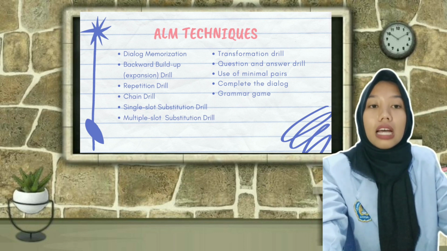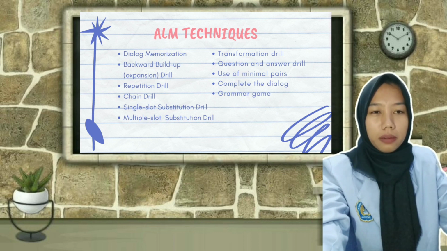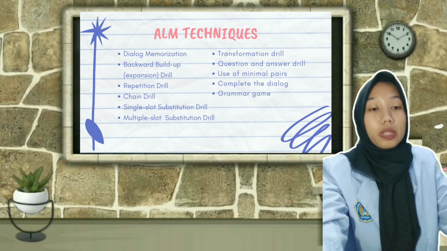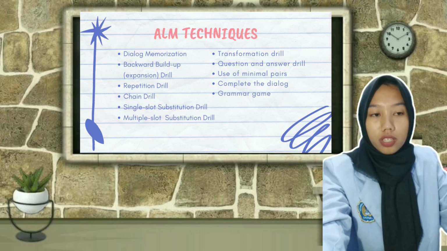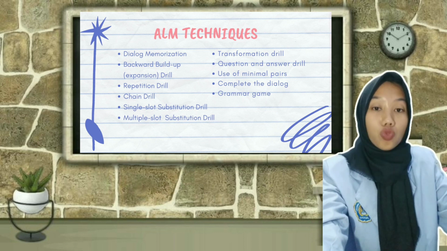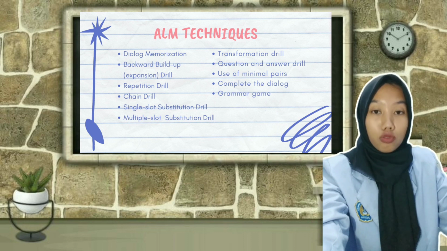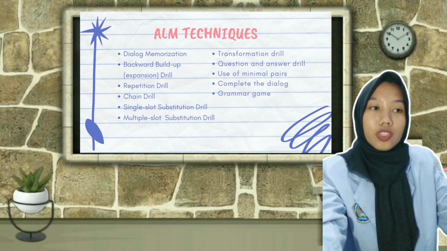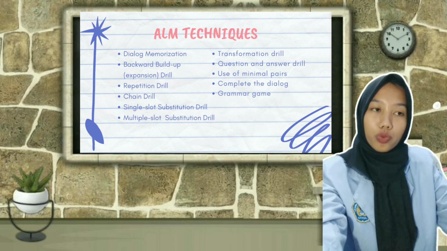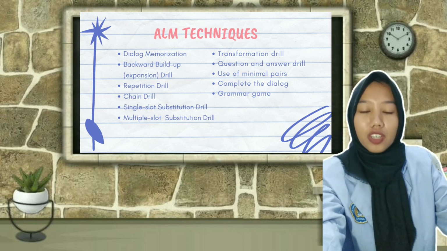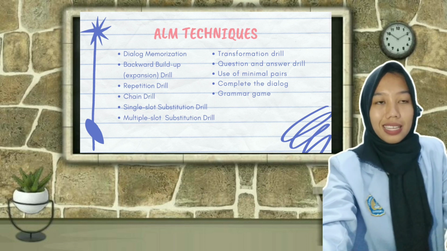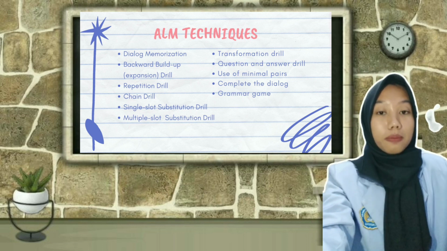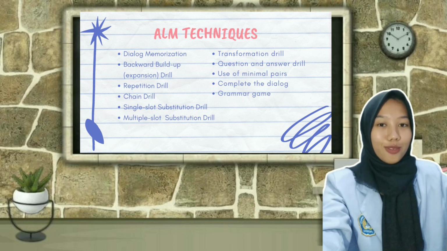And then the second: backward build-up, expansion drill, repetition drill, chain drill, single slot substitution drill, multiple slot substitution drill, transformation drill, question and answer drill, use of minimal pairs, complete the dialogue, and grammar game. Those are the ALM techniques.